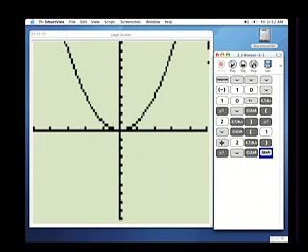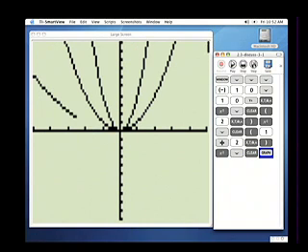So the first graph we get is y = x squared, then we get y = (2x) squared, and finally here comes y = (1/2 x) squared. So what you'll notice this time is that these graphs either were compressed or stretched in a horizontal manner this time.